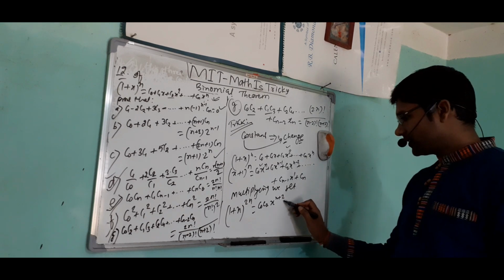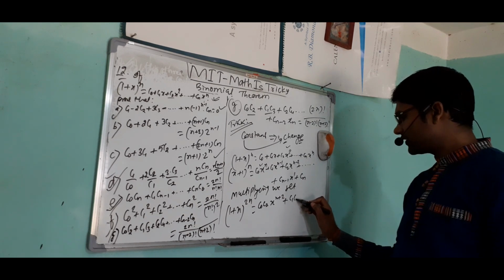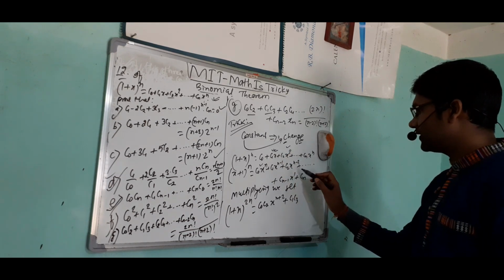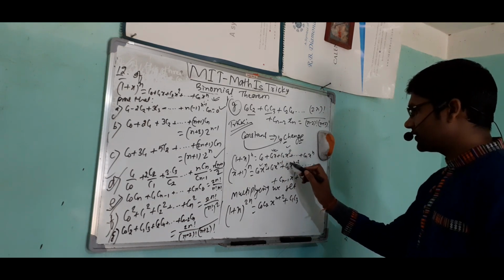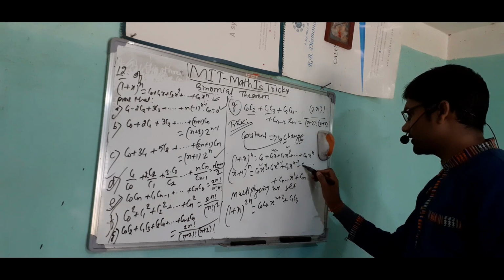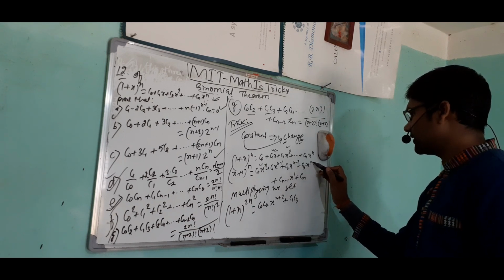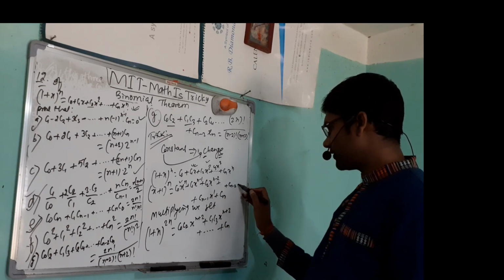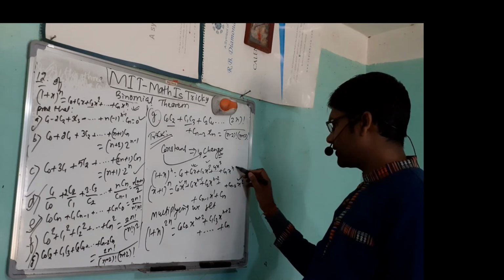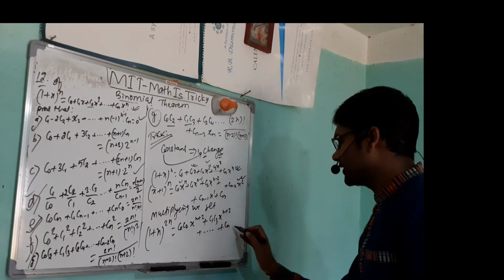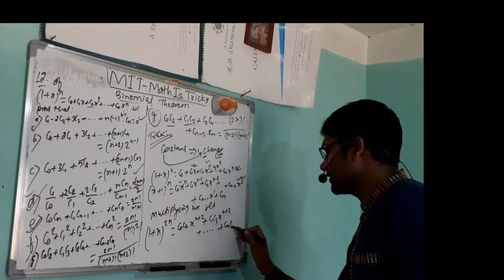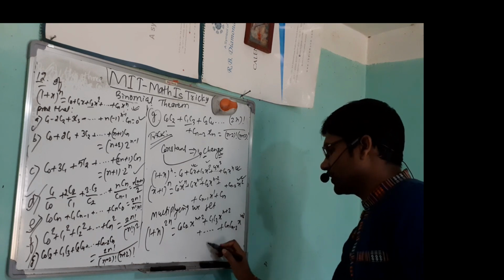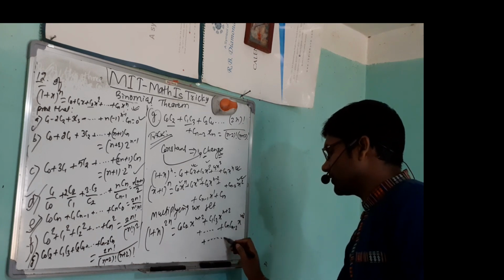So next one, plus C1 C3. Let's see here, C1 and C3, and if you see here, C3 will have x power n minus 3, and Cn minus 2 before this has x power 2. So if you multiply these two, look here, we'll be getting the answer Cn and Cn minus 2 x power n plus 2. And then so many terms follow.